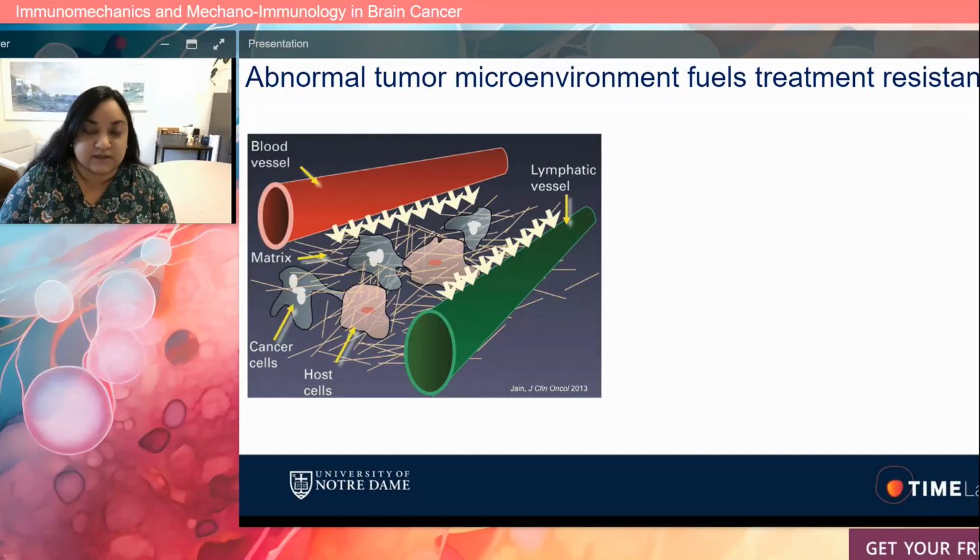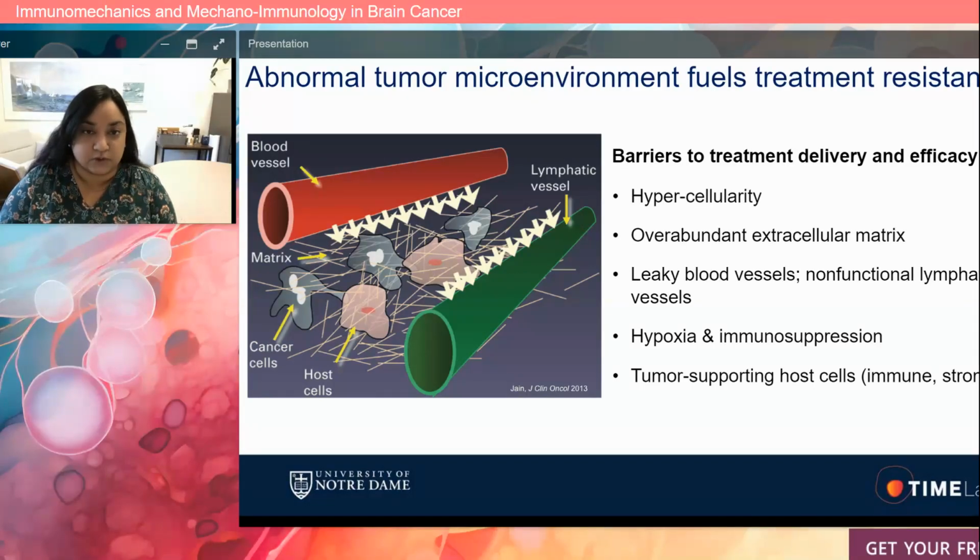Part of the reason that diseases like glioblastoma are resistant to therapy is because of this so-called abnormal tumor microenvironment, which really fuels disease progression and treatment resistance. When we think about the tumor microenvironment, it actually contains all of the same components as our normal tissues, but the problem is that these are often abnormal.